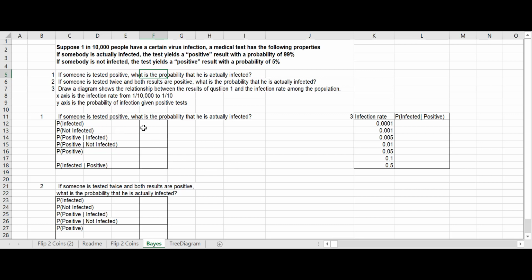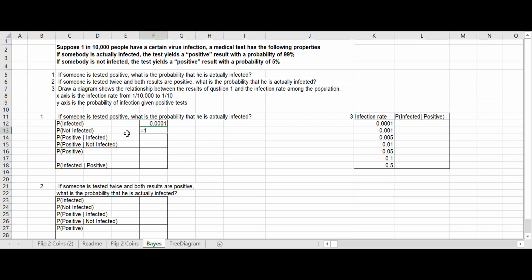Okay, so for the first part, we need to write down what is given here. I already put in what we call a template, so it's easy for you to type in the values. So infection rate: if you randomly select a person, the infection rate is 1 out of 10,000.